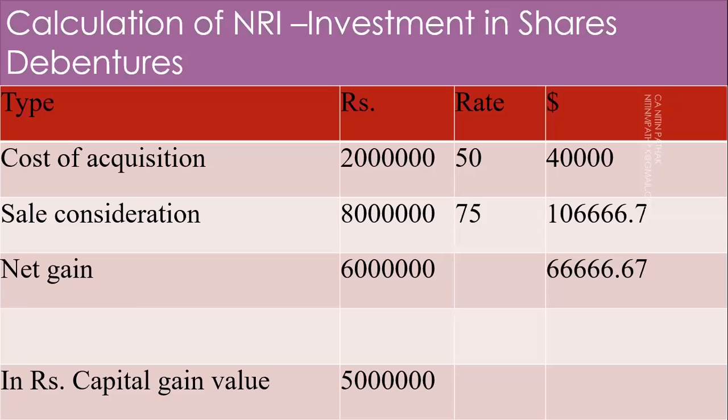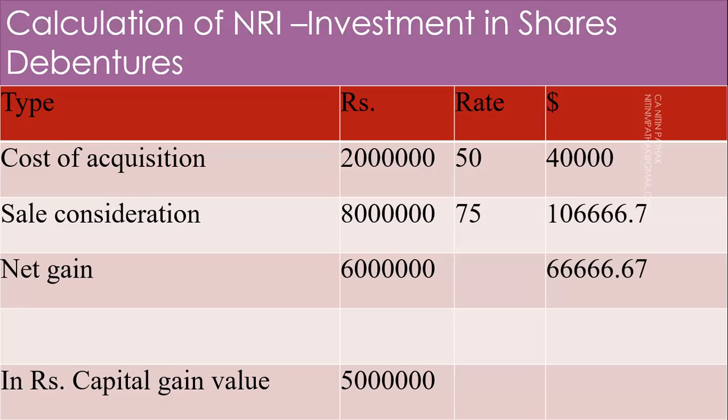Here is an example. I bought a share of rupees 20 lakh at the rate of 50. I have not specified the date intentionally, because for the purpose of getting the rate, I have considered the date. So I bought the share of $40,000. I sold it at 80 lakh rupees on the next date.